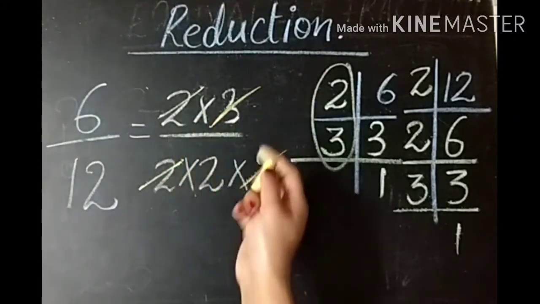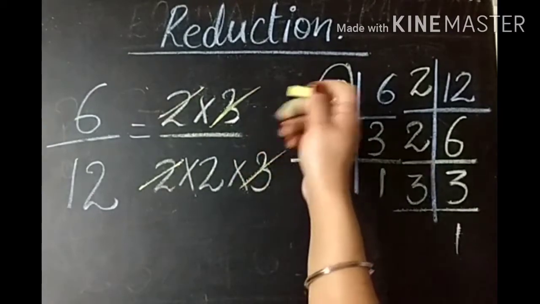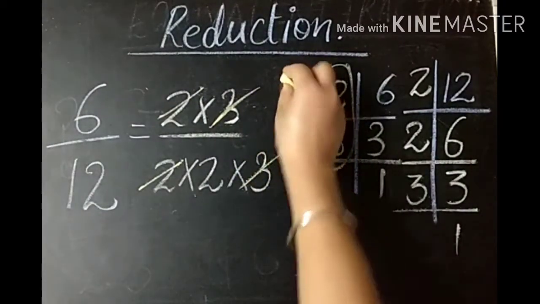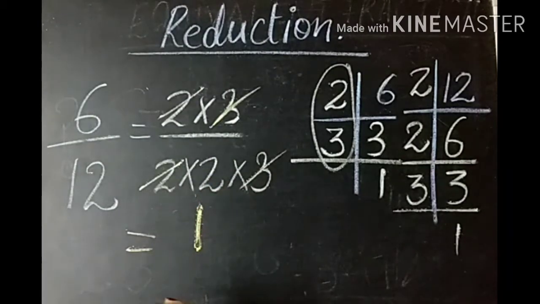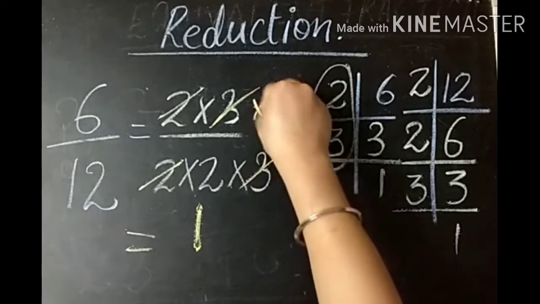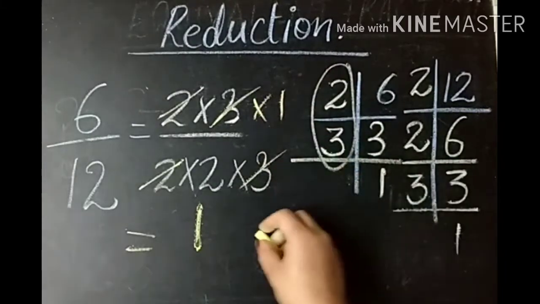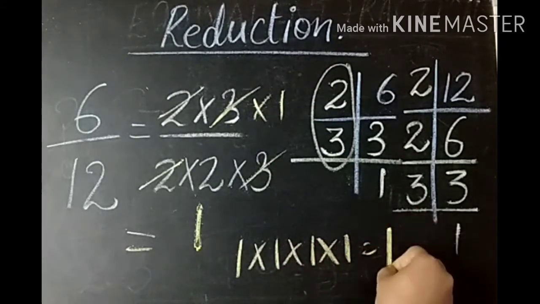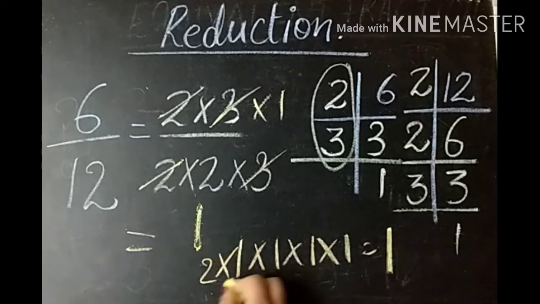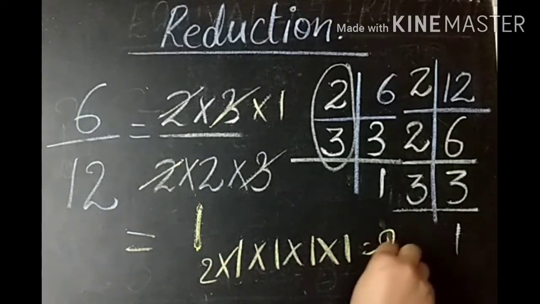What am I left with here? Nothing. But I will not write 0. I will write that 1 is a factor of every number. We don't write it, but here also 1 times 1 times 1 times 1 will give us 1 only. Or if I write 2 times 1 times 1, it will give us 2 only.